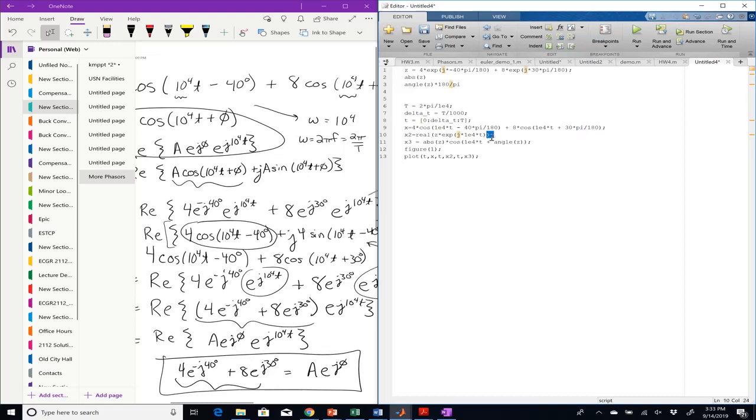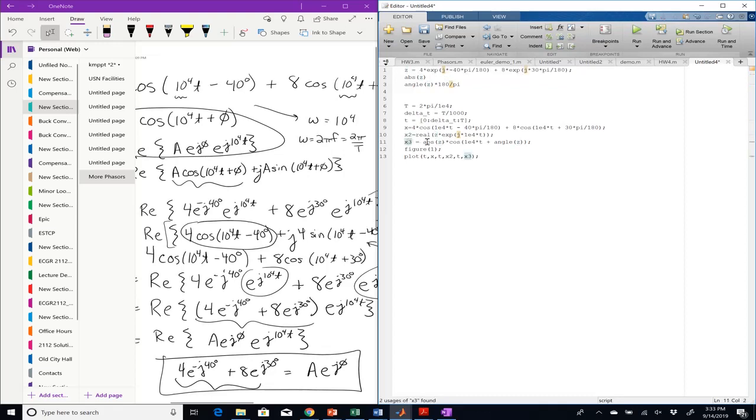Then I get this, what should be the same expression here, right? This line number 10, where I say x2 is the real part of z times exponential j times 10 to the 4th times t. Okay? Now notice I don't have to do the dot multiply here because z up here is not a function of anything. It's just a number. Okay, so I'm just doing a scaling.